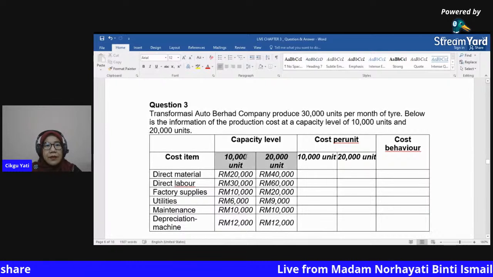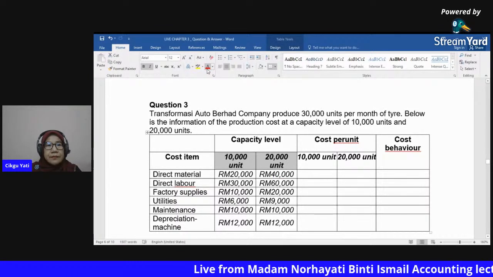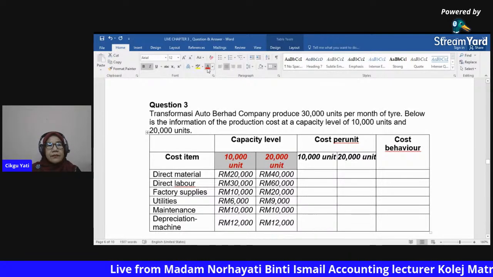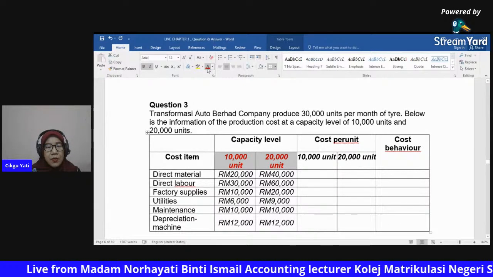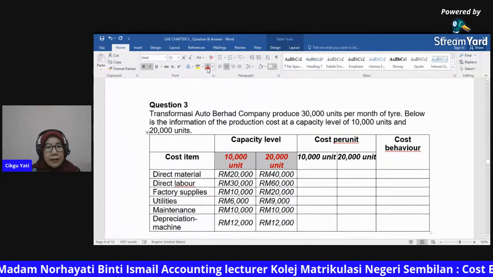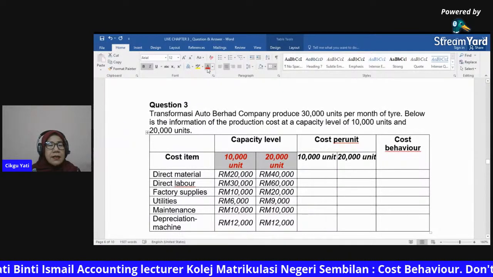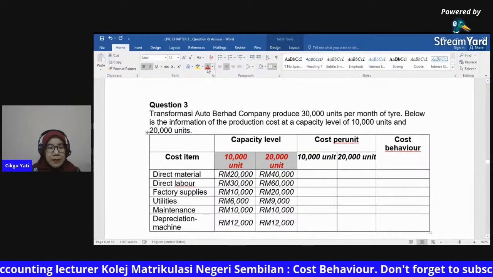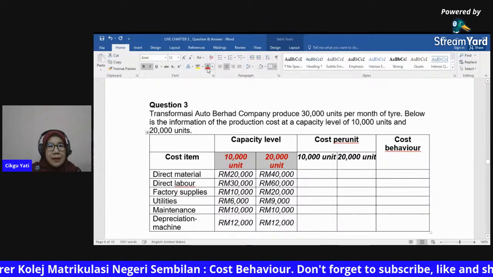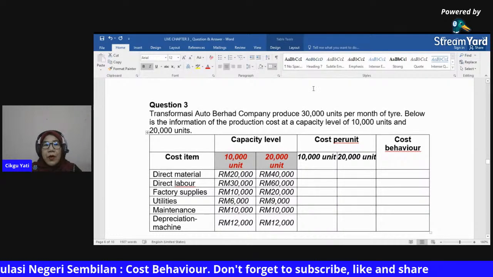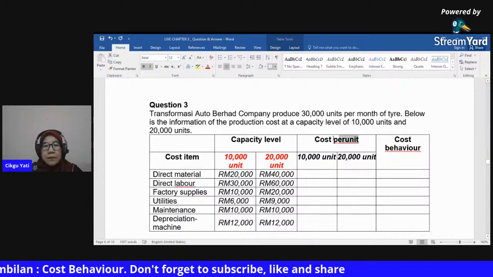This one, 20,000 units and 10,000 units. This is the level of activity. So from this level, you are required to calculate cost per unit.